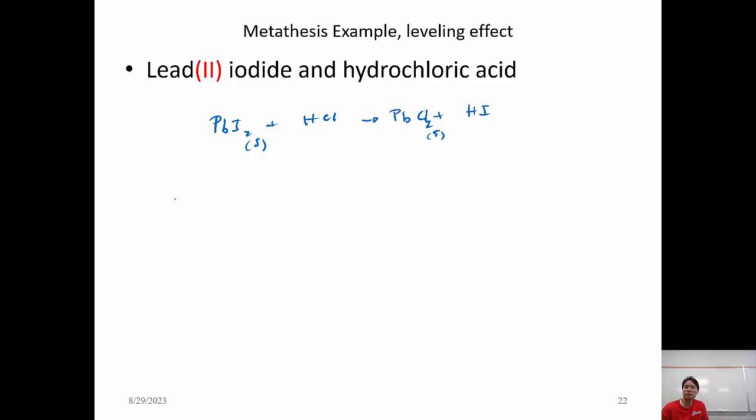And so how do we determine which side is favored? We could look at the solubility. I talked about the two-pronged approach in chemistry. The two-pronged approach is, one, the observational approach, the memorization approach, or two, the theoretical approach.